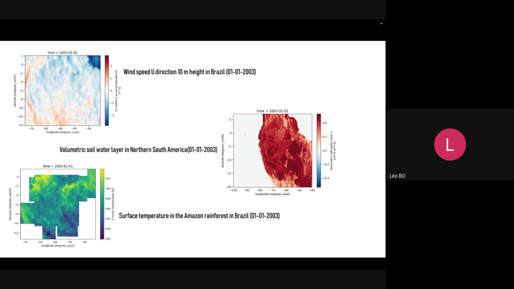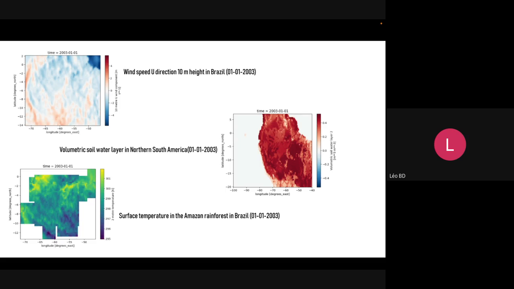So if we take the data set from Brazil, the wind speed in the U direction at 10-meter height, on the 1st of January 2003, and we want to plot it, we can see what it looks like, and you can see the wind speed at every point in Brazil in color.